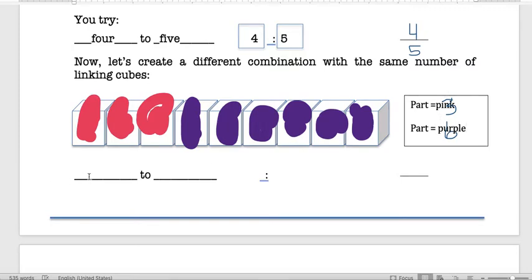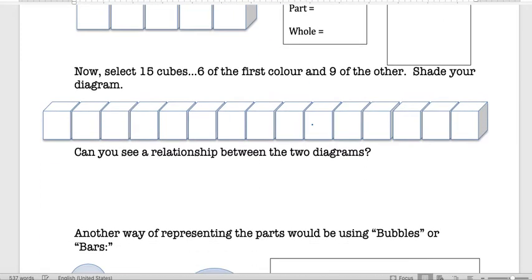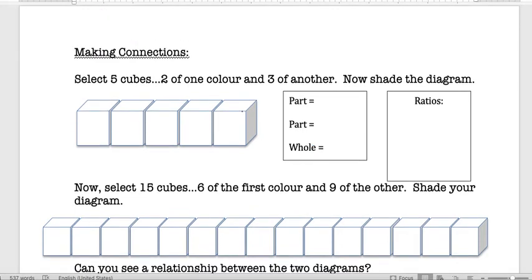So if I write in words, I've got 3 to 6. If I write it as a ratio, I've got 3 to 6, using my new ratio. And then if I write it as my fraction, I have 3 on the numerator and 6 on the denominator. So just kind of writing fractions and ratios using words and numbers.